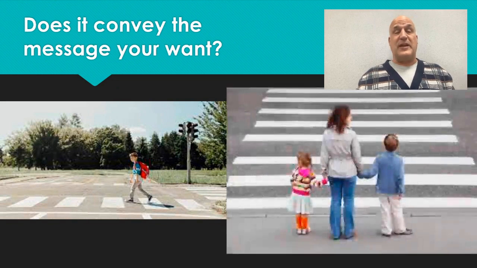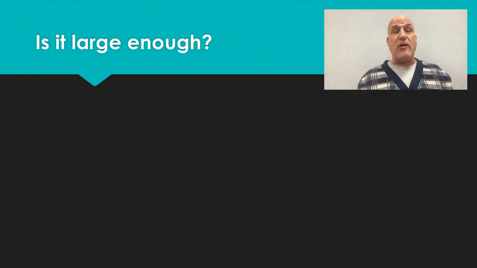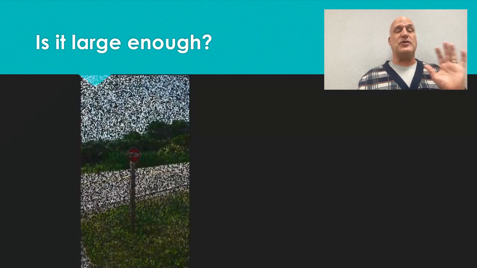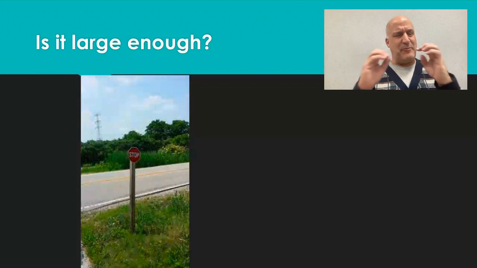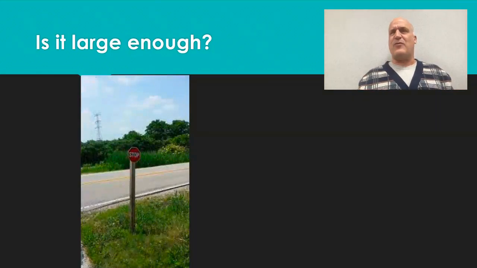An obvious question we need to ask is, is the image large enough? Sometimes we include an image and people are searching for it, like, where's Waldo? They shouldn't be searching for your visual, especially if it's the main idea of what you're trying to make. So if I want to show something like this tiny little stop sign that's barely a blip in the middle of this picture, it's not really conveying the idea of stopping with any urgency.